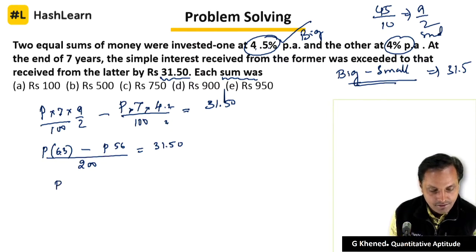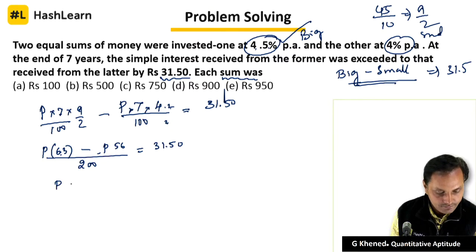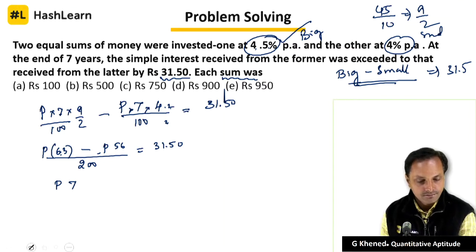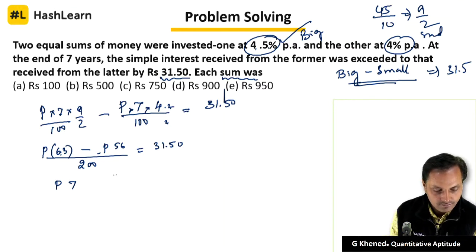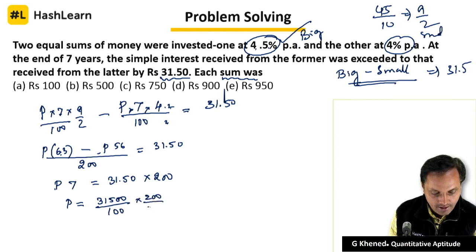So that will give you 63 minus 56, 7, equals 31.50 into 200. So P will be equal to 31,500 divided by 100 into 200, I will divide it by 7.